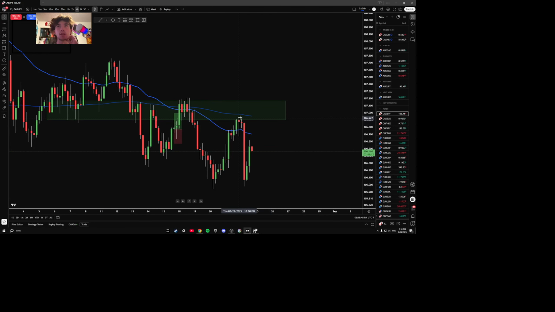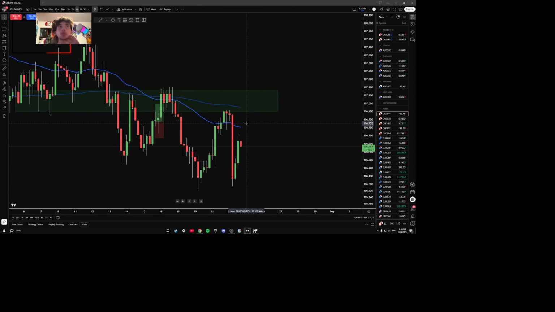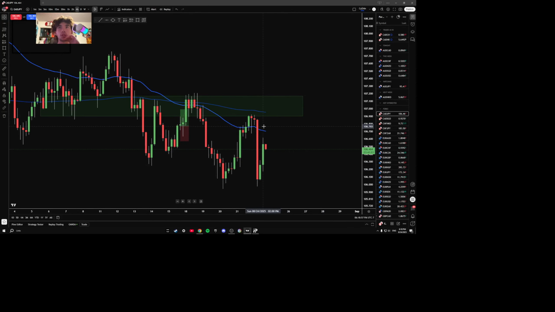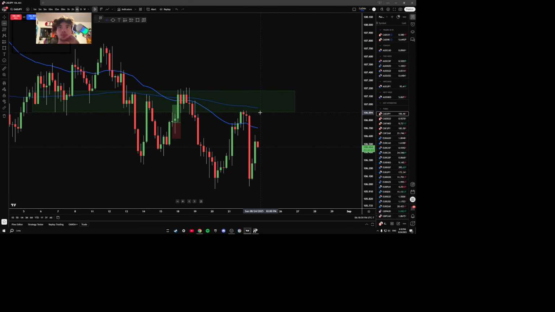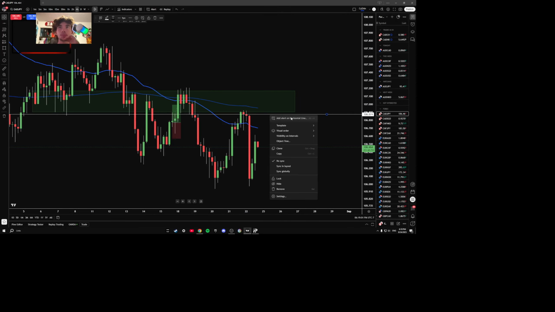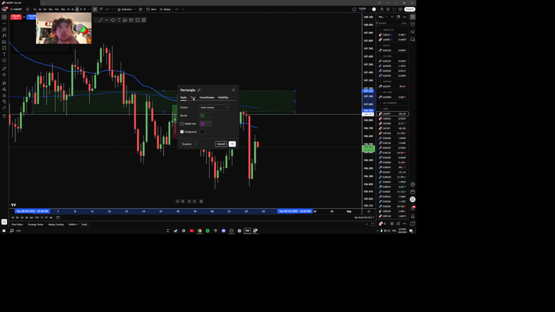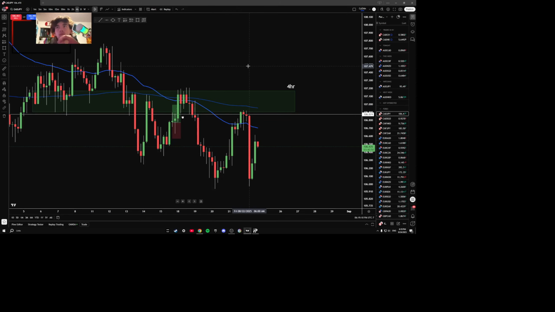Perfect break and retest. Sell. Bang. What can we expect? Retest to sell again. 200 EMA, 50 EMA. Bang. That could be tonight.